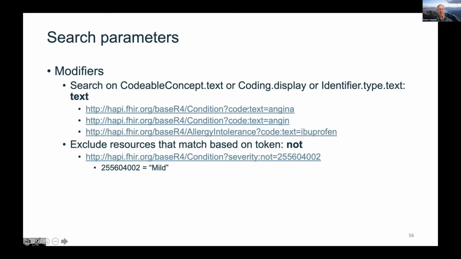That's the simplest. We can basically just say, I want to find data with codes that have this string in them, angina, or a substring of that, ANGIN, and we can look for, in this case, condition resources that have those. So I'm going to click on this one, and we should see something with that.